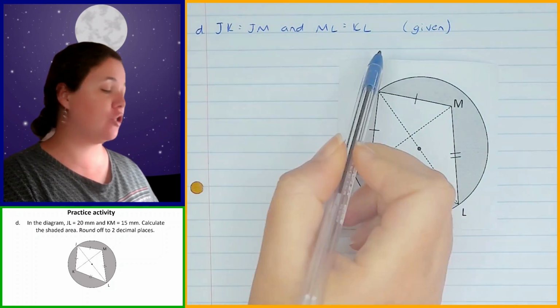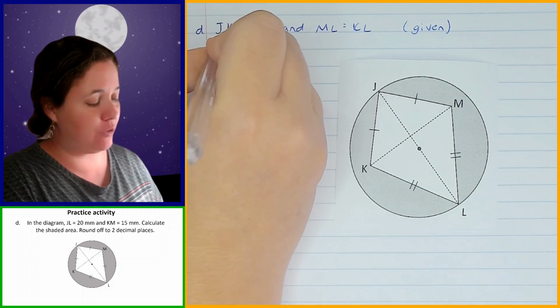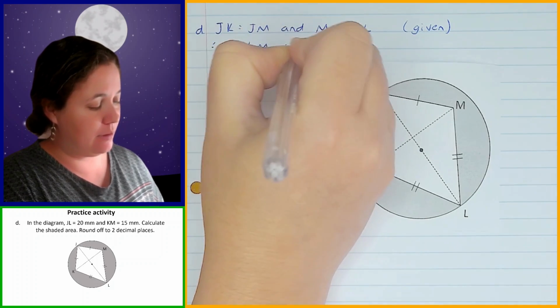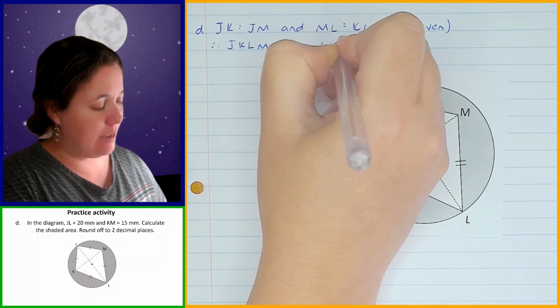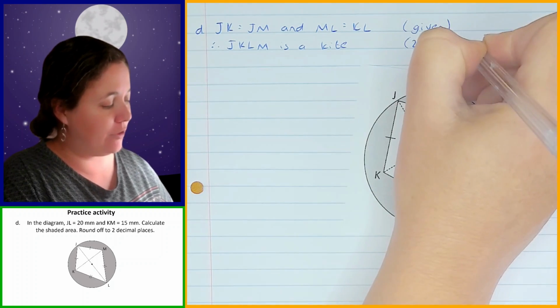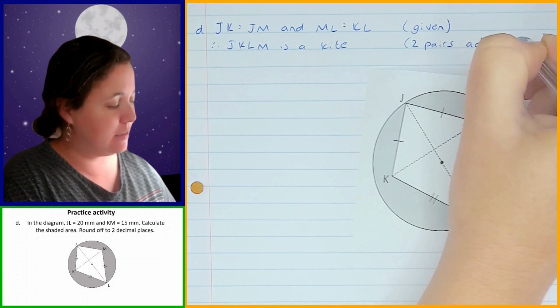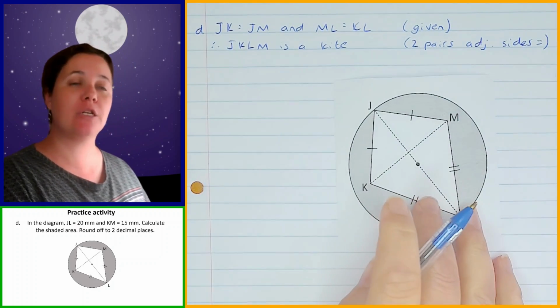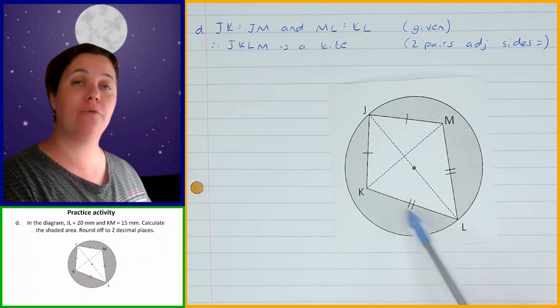Now, because those are equal, we can say that therefore this is a kite. So JKLM is a kite. And my reason is that there are two pairs of adjacent sides equal.